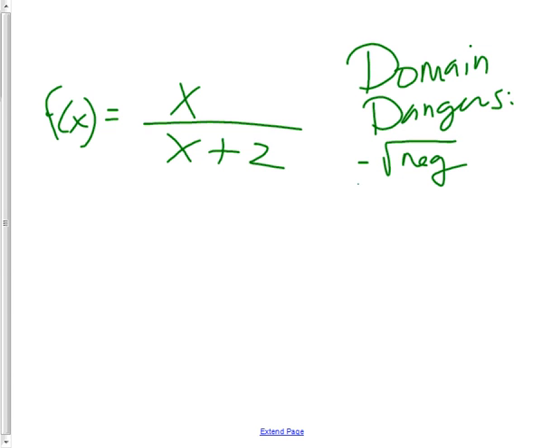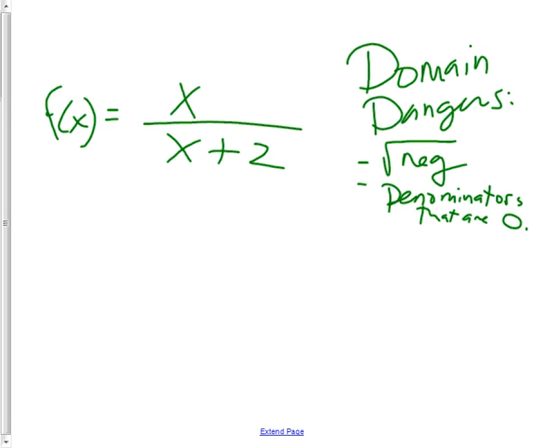And the other thing is denominators that are negative. Those are the two things you watch out for on domain. You don't want denominators, I said negative, I meant 0. I'm sorry. Denominators that are 0. You can have negatives in the denominator, you just can't have 0. And square roots that are negative.